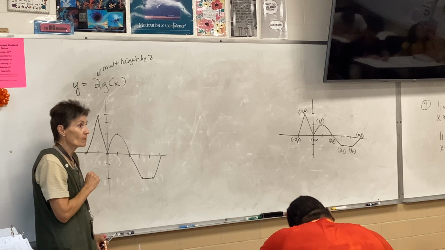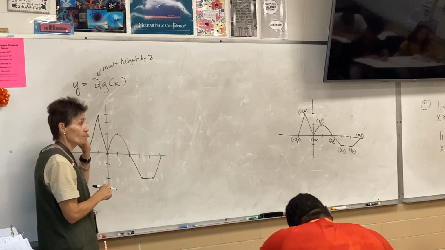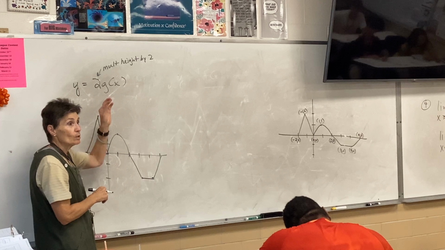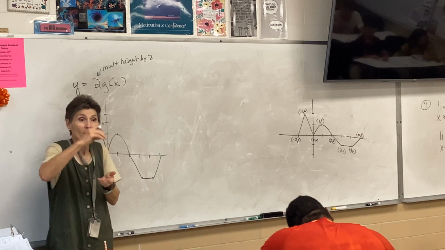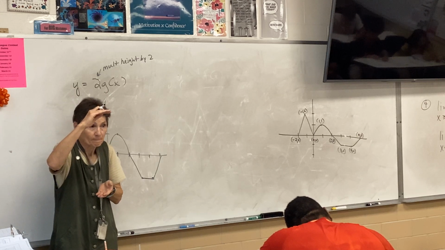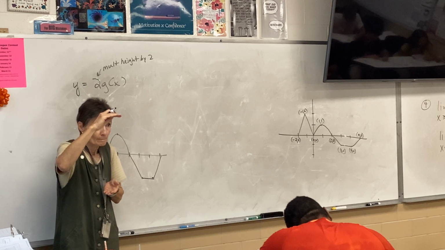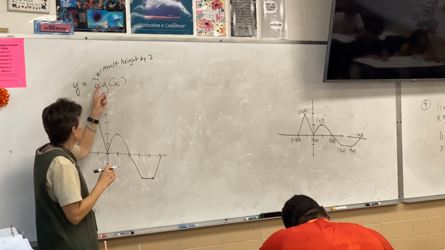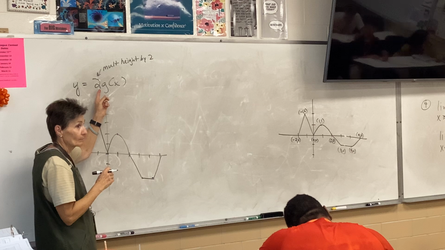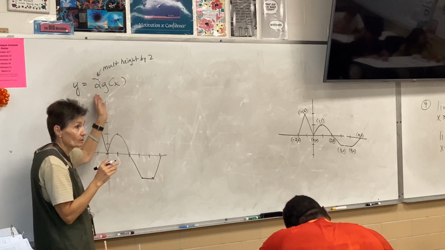What does a number multiplied out in front, what does that change? That changes your height. So this number multiplies the height. No matter what it is, it multiplies the height.